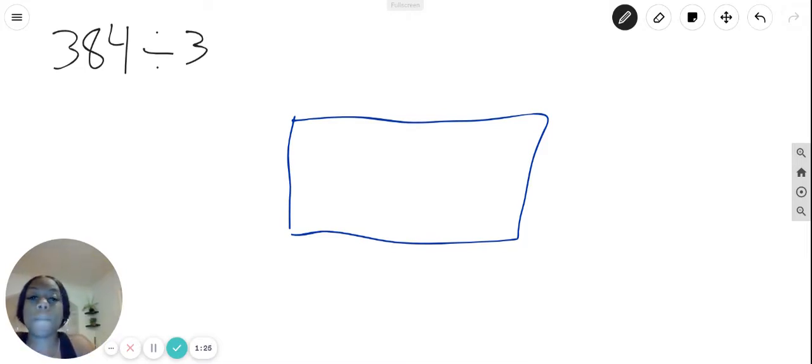Well, this is how. Similar to an array, we have on the length side and the width side, numbers. So with this width, we're going to put the divisor, which is 3. Just put 3. Do not think in arrays because we do not need 3 rows.